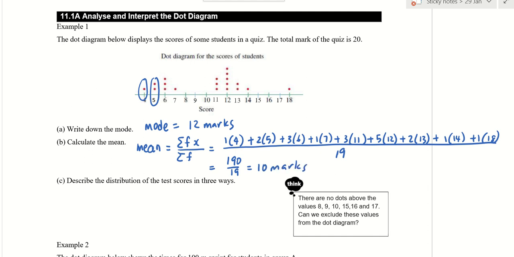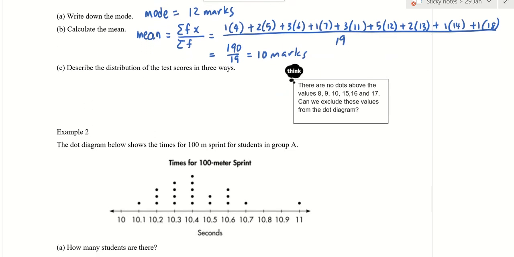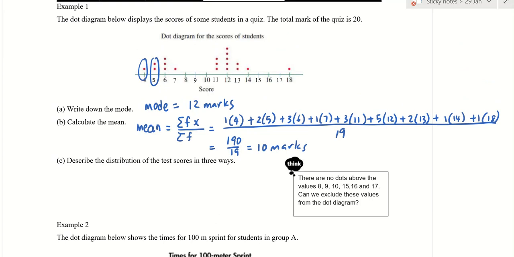That's our mean. Now in part C, they ask us to describe the distribution of the test scores in 3 ways. The first thing we can say is that the data clusters around 6 and 12. You see that? We have one cluster over here, we have one cluster over here.